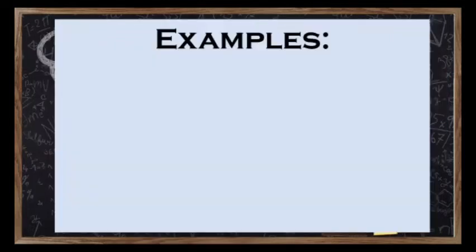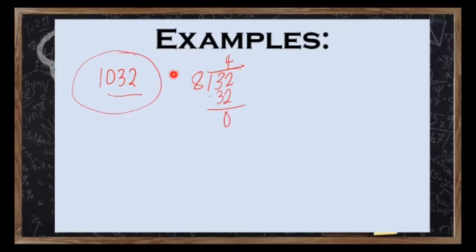Another example. 1,032. The last digits are 32. When we divide 32 by 8, 32 divided by 8 is equal to 4. 4 times 8 is equal to 32. 32 minus 32 is 0. 32 is divisible by 8. Therefore, 1,032 is also divisible by 8.